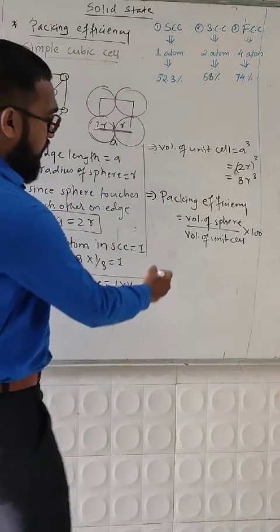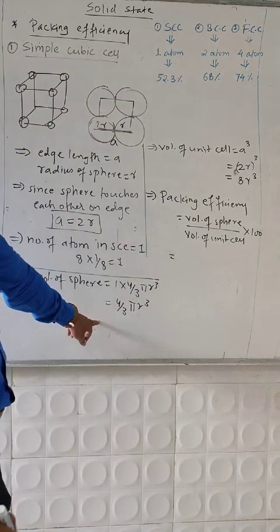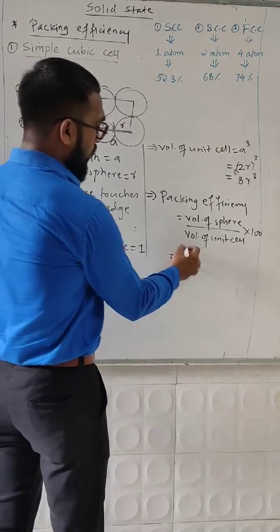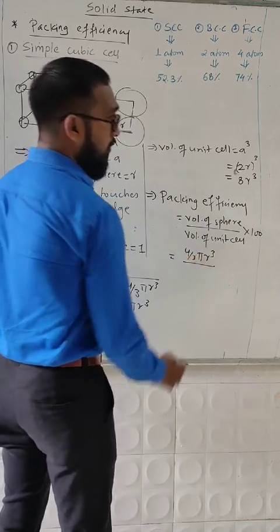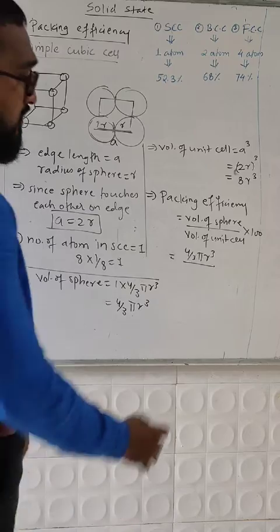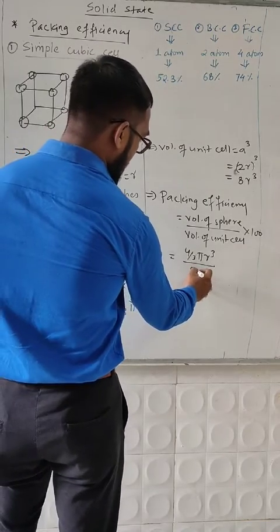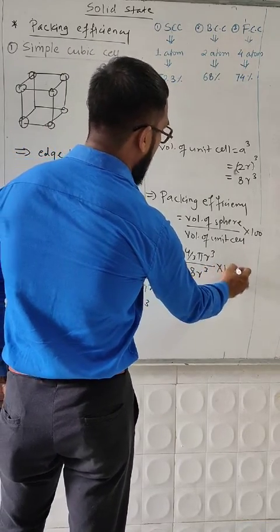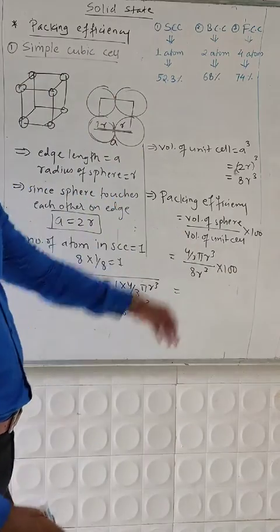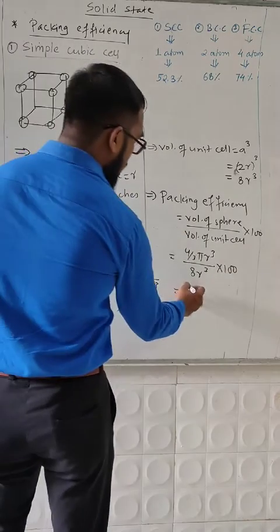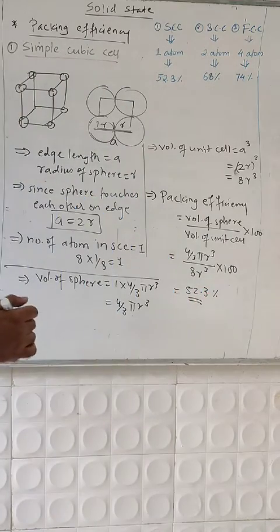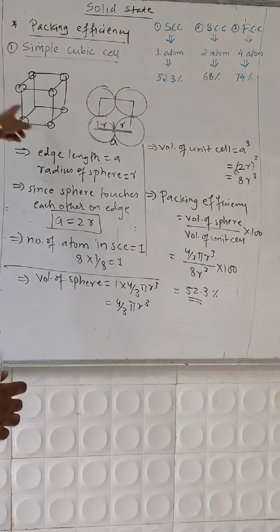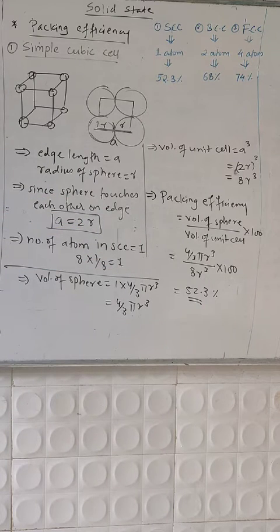The volume of sphere is 4 by 3 pi r cube upon volume of unit cell, that is 8r cube, into 100. After calculating this, we get 52.3%. Means one atom in a simple cubic cell occupies 52.3% of space.